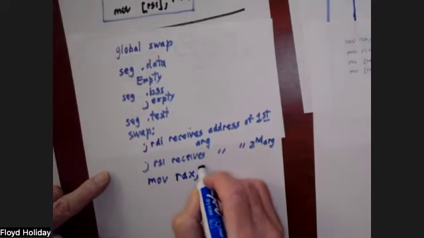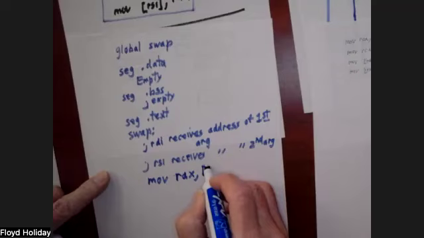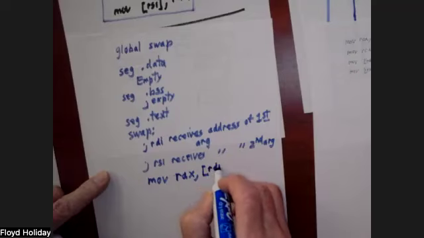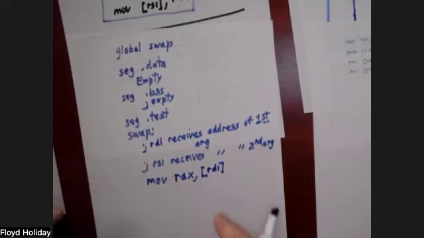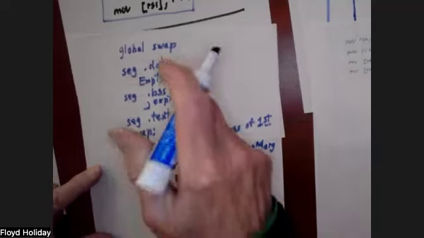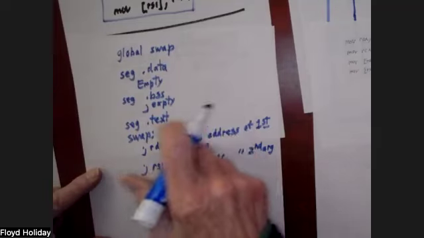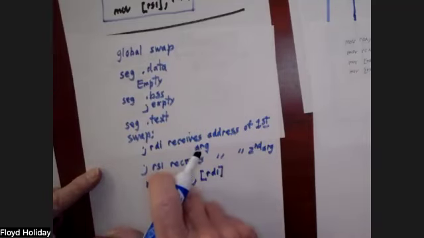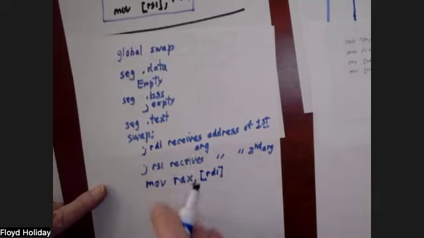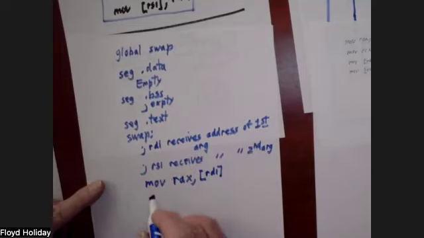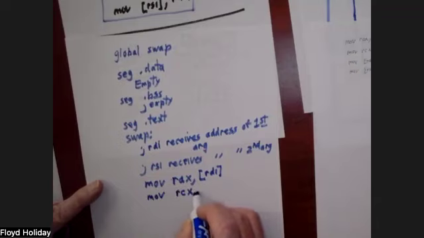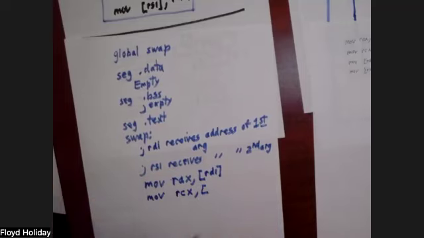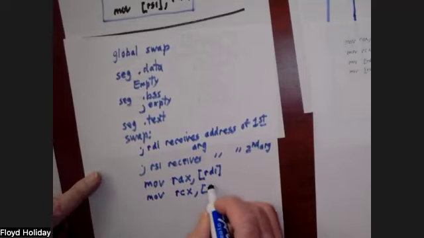RAX gets dereferenced RDI. That means it gets the actual number that RDI, the first parameter, points to. It's the address, but it's not the address in here. This is the actual number, 3.7 or something. For the other one, RCX gets the actual number of the second argument.